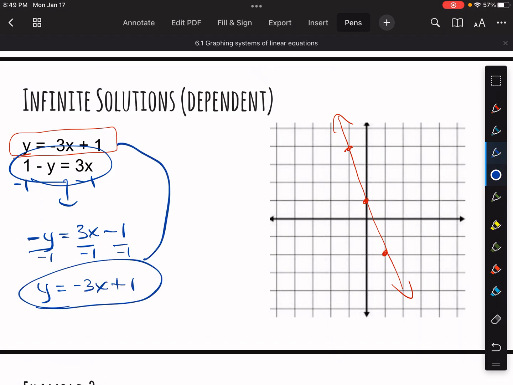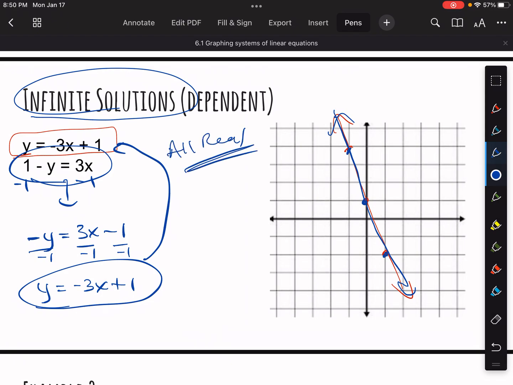And you'll notice that that's the exact same thing. So if I go to graph that, I would start at +1. I'd go down 3 over 1, up 3, back 1, and it would be the exact same line again. So if a solution is where two lines cross, these two lines cross always, indefinitely. They're the same line. So this is an example of infinite solutions, or all real solutions.